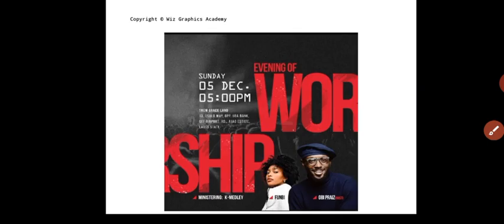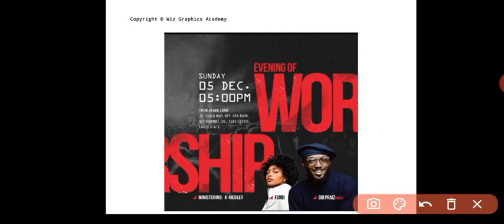So this is an example of the off balance. Just like I said, it is more of the asymmetrical balance, but it's not far from it. What is cut off from here is the worship. Now I want you to note something here.